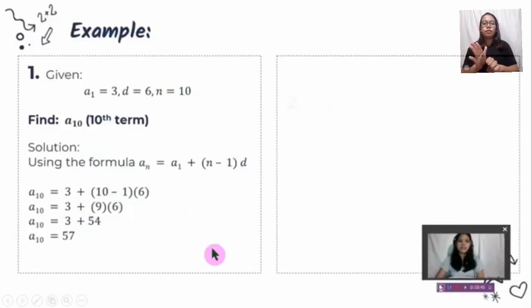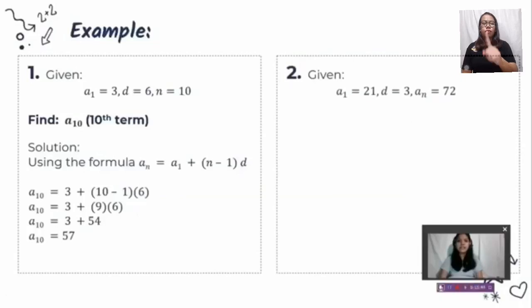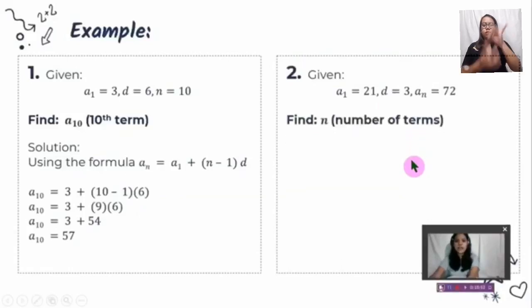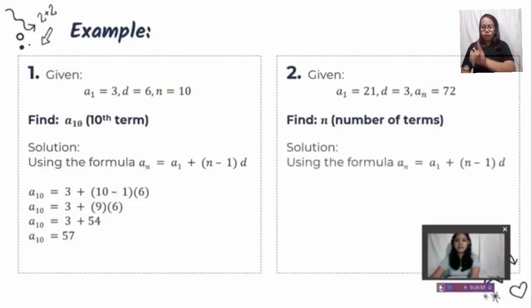For the next example, given a sub 1 is equal to 21, d is equal to 3, and a sub n is equal to 72. We need to find the n, or the number of terms. So using the same formula, a sub n is equal to a sub 1 plus the quantity n minus 1 times d. Let us first substitute the given.